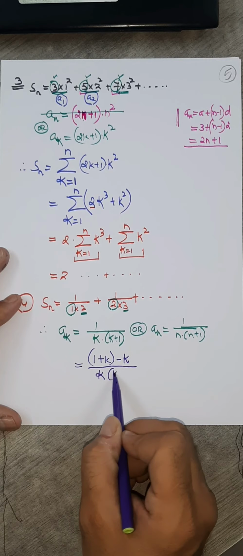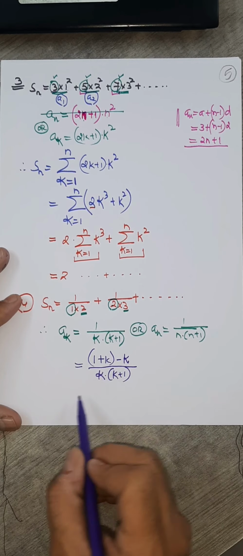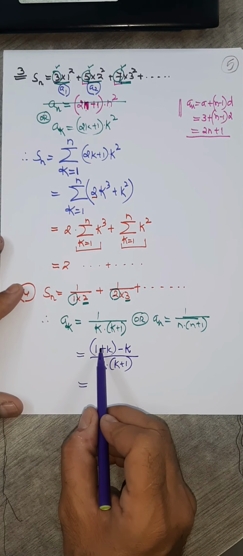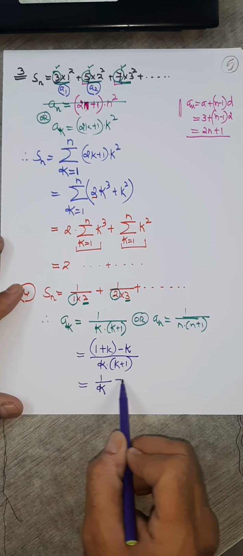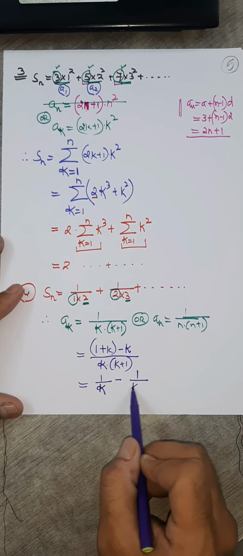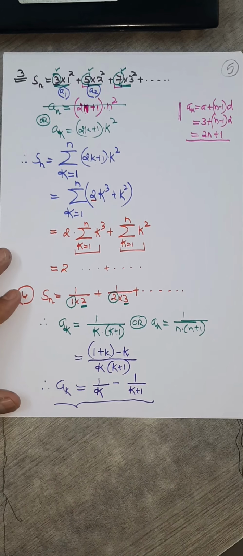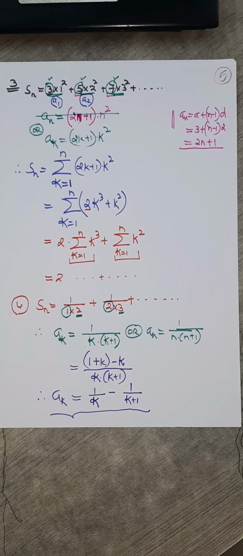You will realize why I did it like this. Because now you do individual division. This will get cancelled. This is k. Minus 1 upon this will get cancelled. K plus 1. See, now instead of a product you got a subtraction, and for subtraction and addition you can take the sigma inside. Are you getting me?